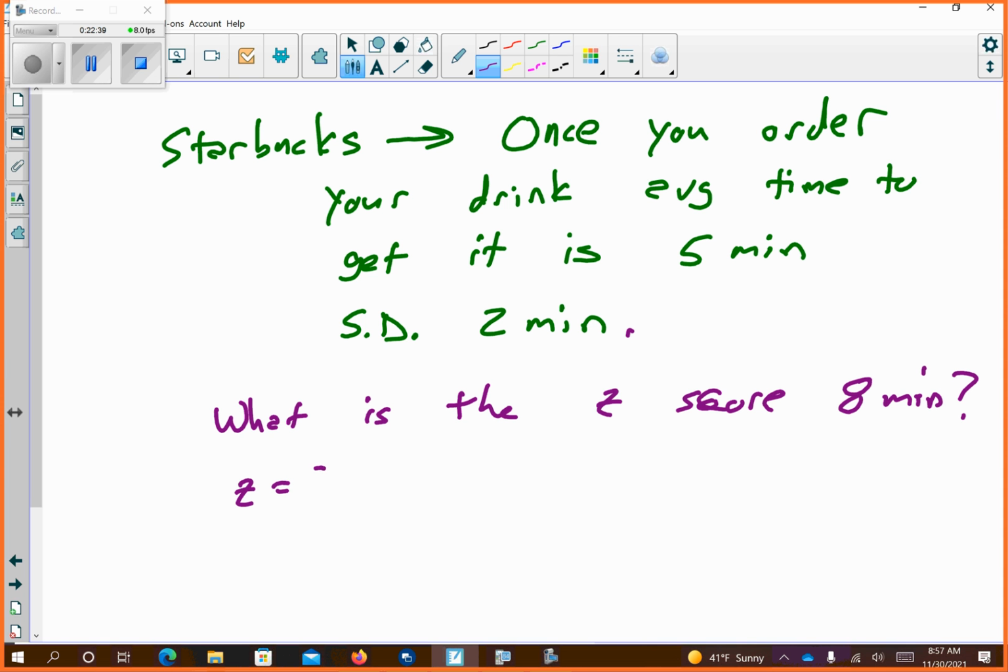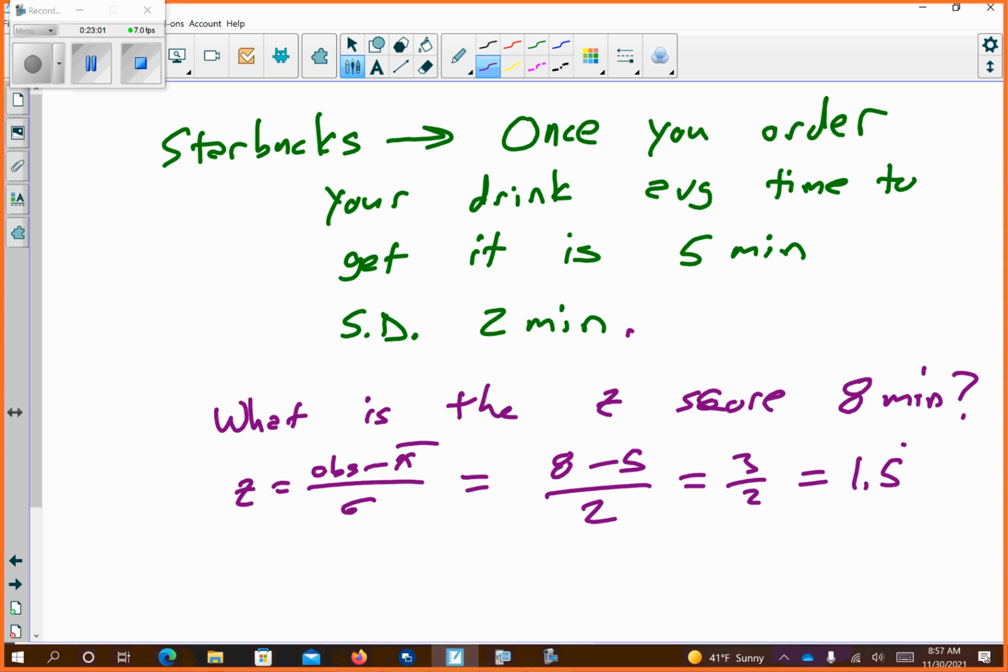Z equals observed minus the mean over the standard deviation. All right. So where am I plugging in? 8 minus 5 over 2. So that's 3 over 2. So you get a z-score. You're 1.5 standard deviations above the average.